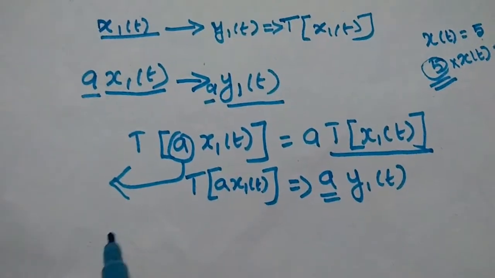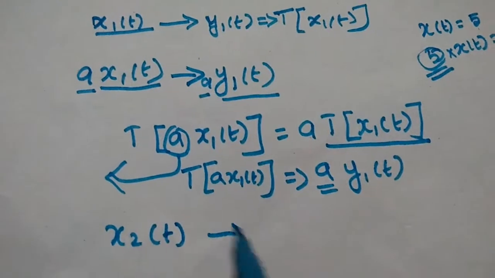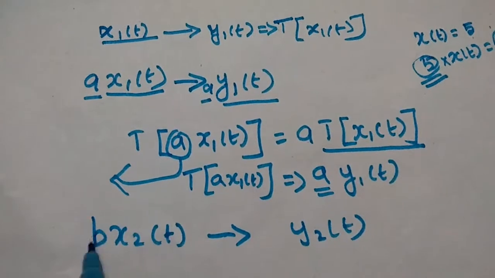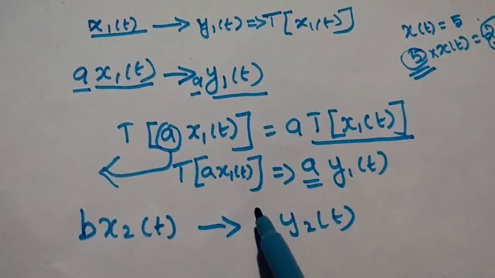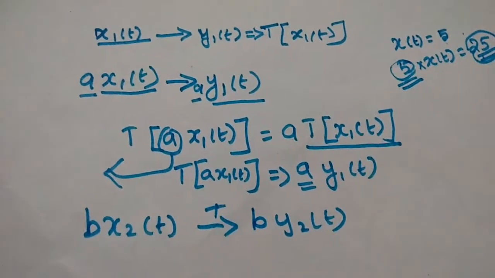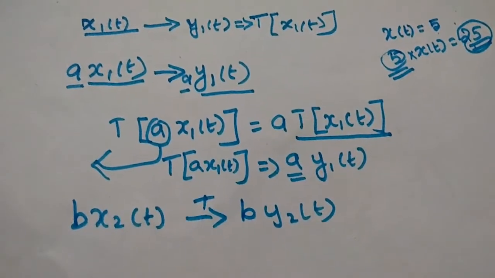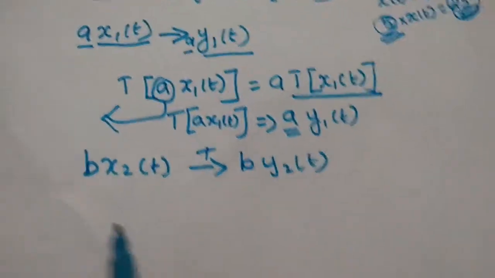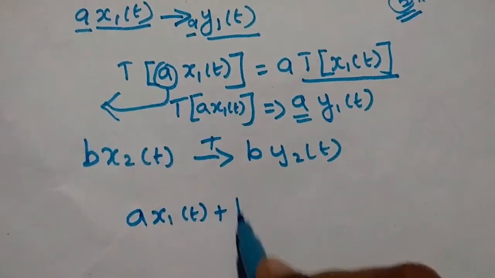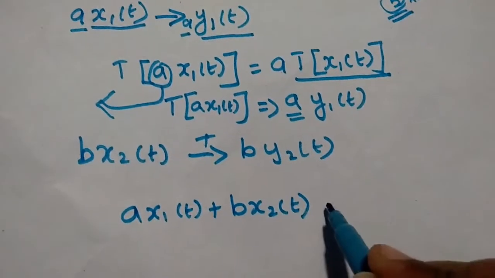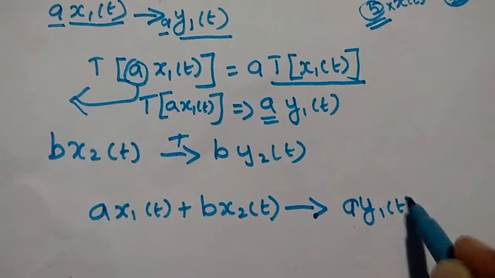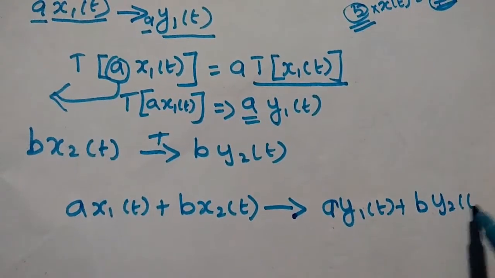Likewise, consider x2: for x2 of t, the output signal is y2 of t. If I multiply this signal by b, the output is also multiplied by b. So the system is linear if, for the input a x1 of t plus b x2 of t, the output is a y1 of t plus b y2 of t.